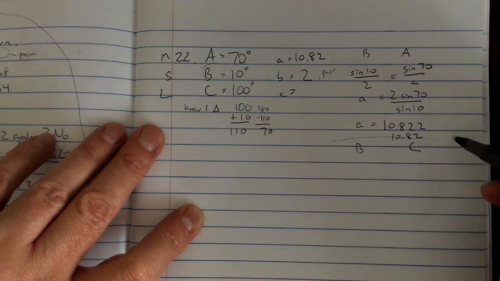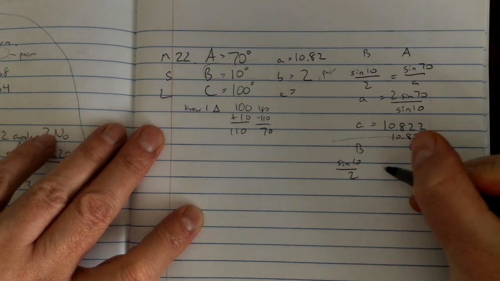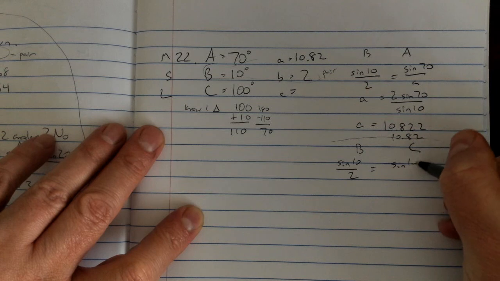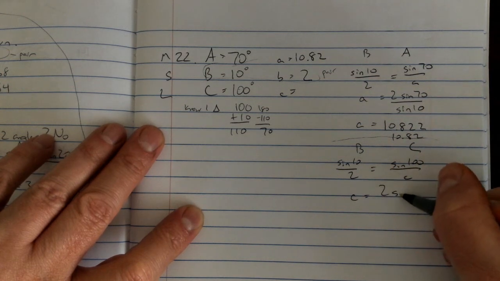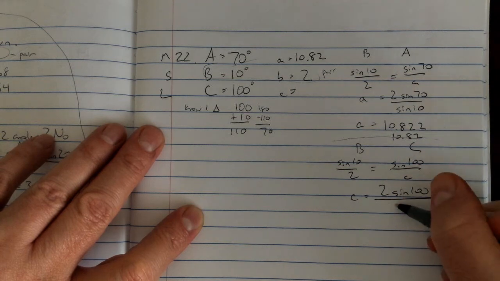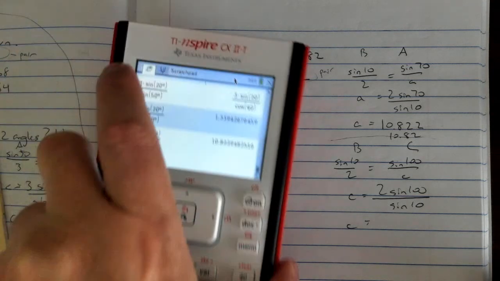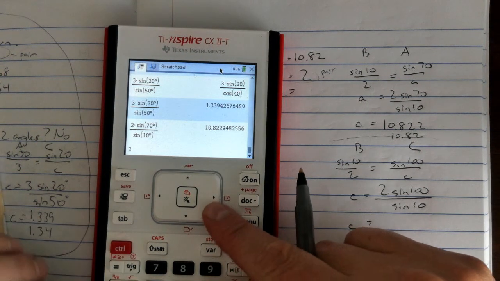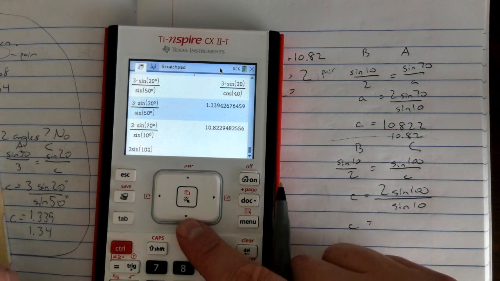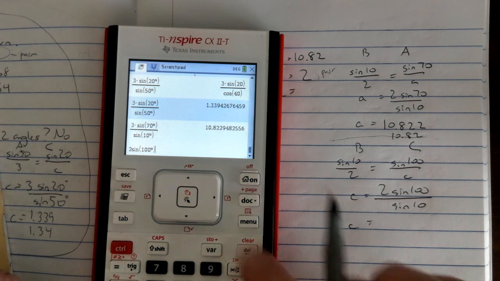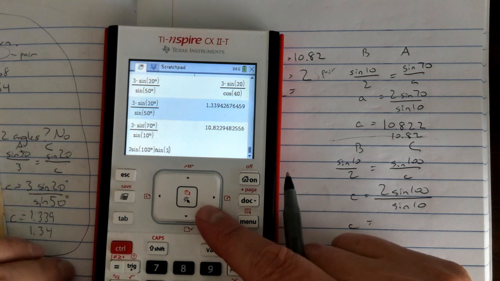So for your B, we get sine 10 over 2 equals sine 100 over C. 2 sine 100 over sine 10.